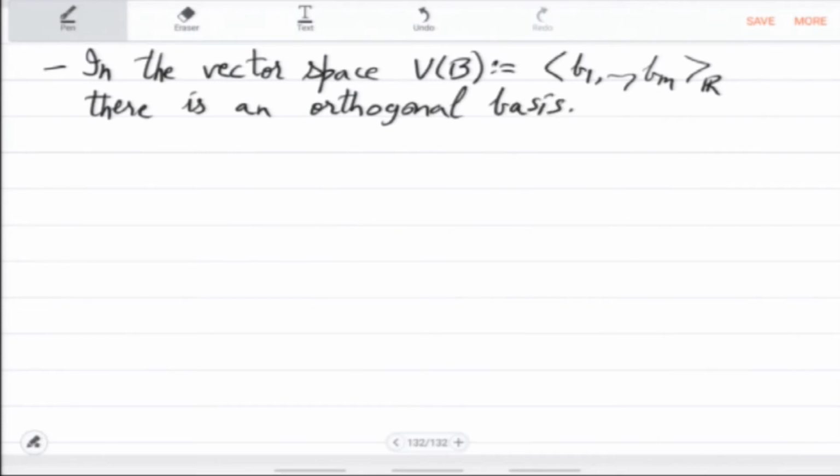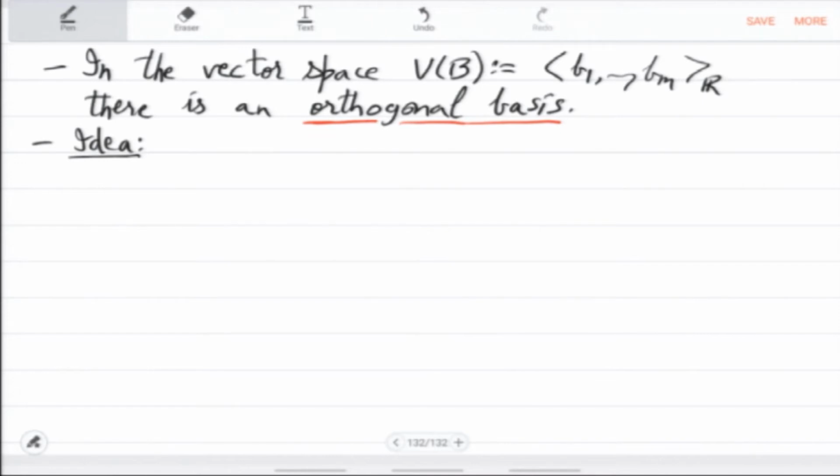This is a very important property in real vector spaces, and the idea can be seen pictorially.